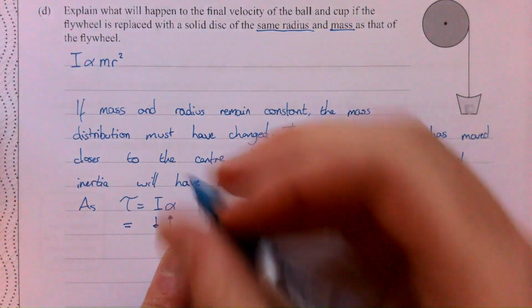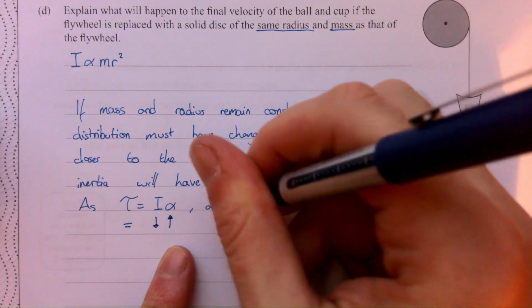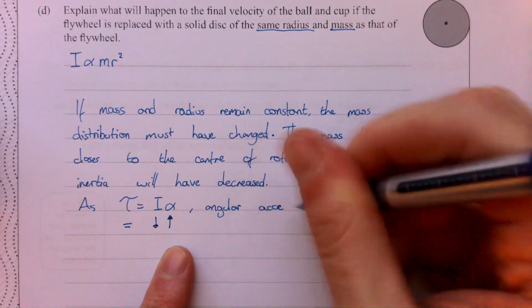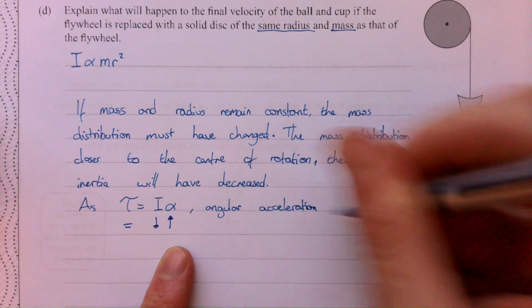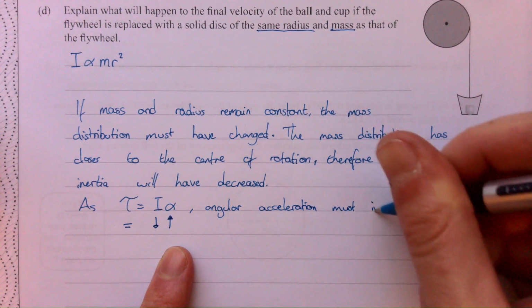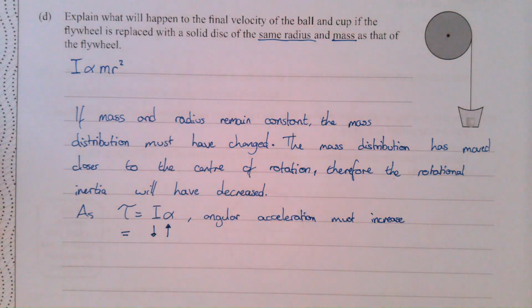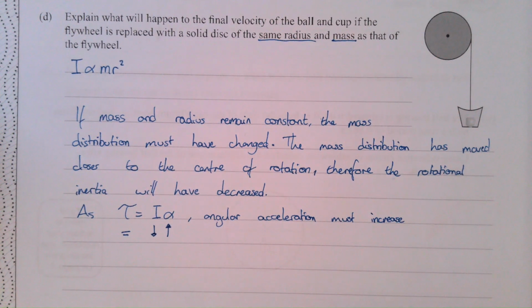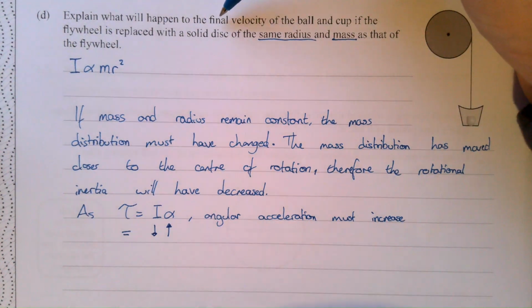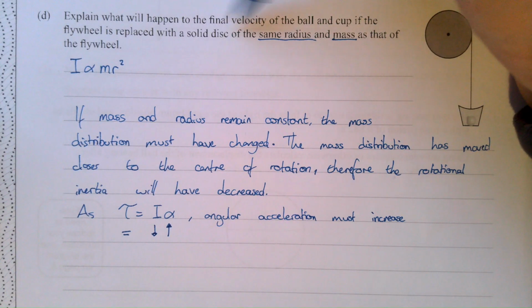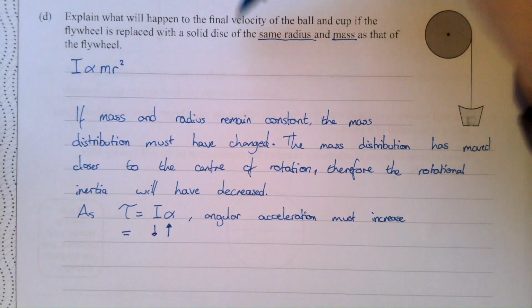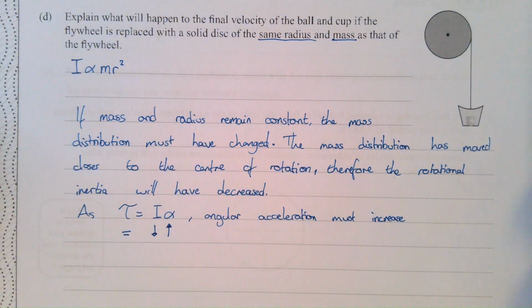As tau equals I alpha, angular acceleration must increase. Okay? Now, we're not asked to discuss the angular motion, we're talking about translational final velocity, otherwise it would have said angular velocity. If you ever see just velocity on its own, it's referring to translational velocity.